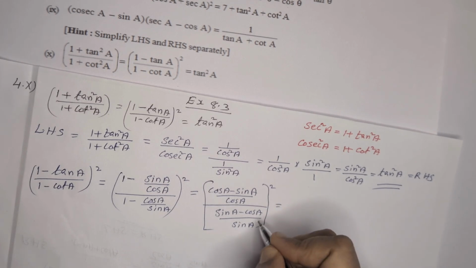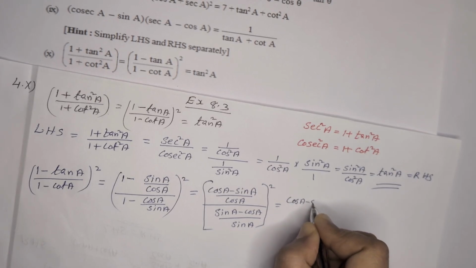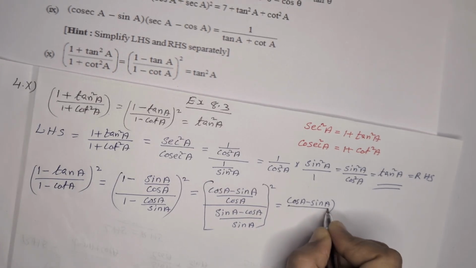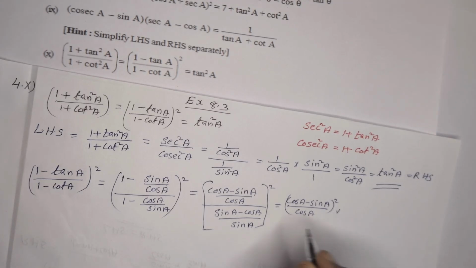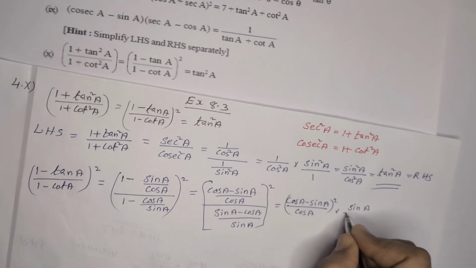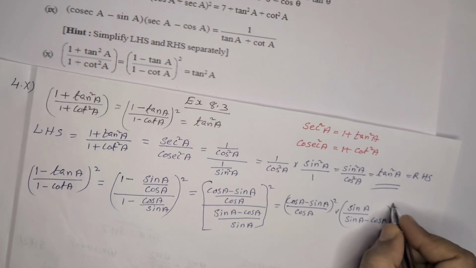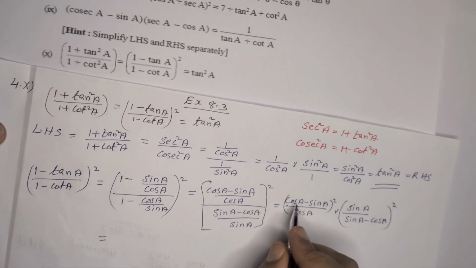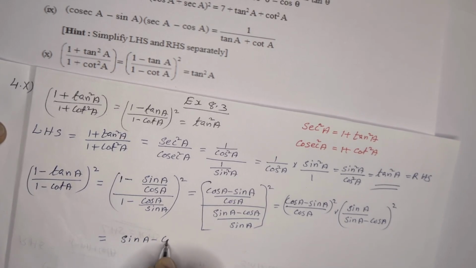which is equal to, we can take the reciprocal of the denominator. Numerator is cos A minus sin A by cos A the whole square into, and we are taking the reciprocal, sin A by sin A minus cos A the whole square.